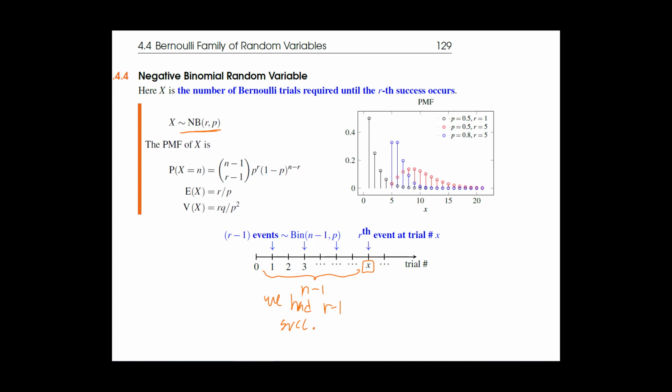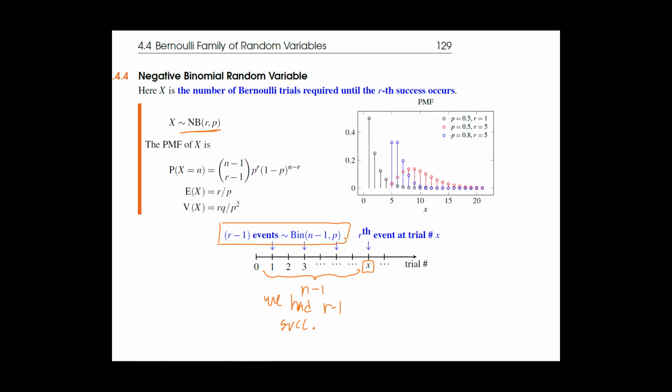In the geometric, we said that in the n-1 trials we had 0 successes. Now it's r-1. So the key to understanding the negative binomial is that the distribution of these r-1 successes is binomial with parameters n-1 and p.